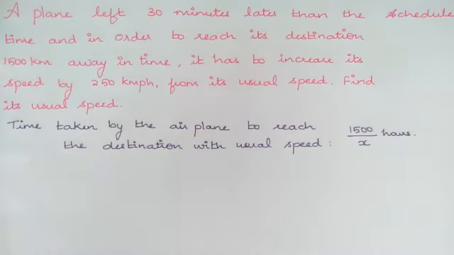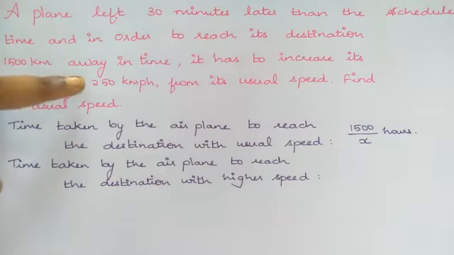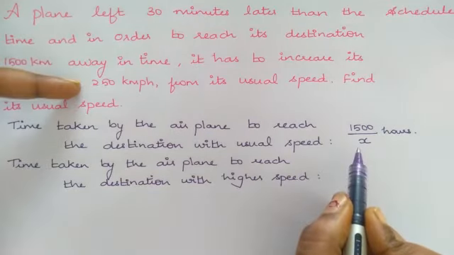Next we are going to write the time taken by the airplane to reach the destination with a higher speed. What will be the higher speed here? Actual speed is x kilometers per hour. It is increasing its speed by 250 kilometers per hour, so the higher speed will be the actual speed plus the increased one.